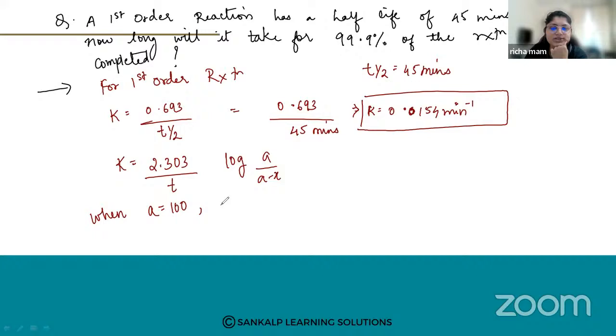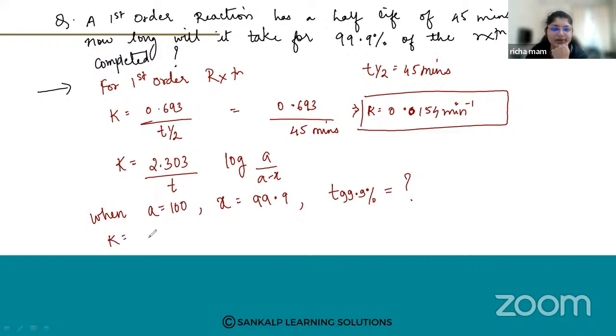The amount consumed is 99.9%. They have asked the time taken for completing 99.9% of the reaction. So let us put all these conditions and find the time taken for 99.9%.